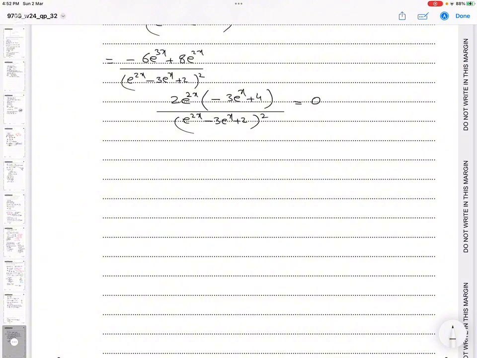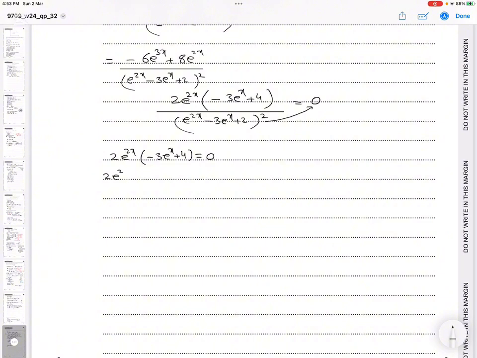So in the next step, this denominator will multiply with 0 and vanish. So 2e^(2x)(-3e^x + 4) equals 0.